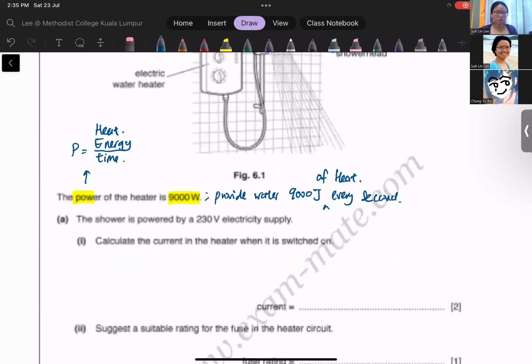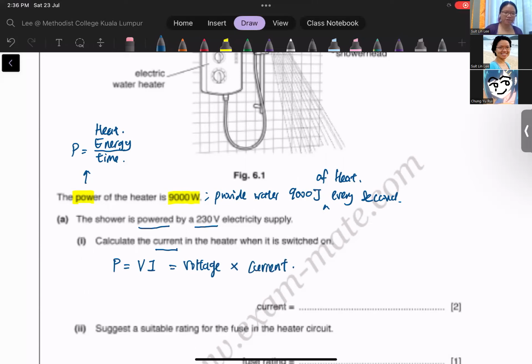Okay, so part A, A1 is sort of like using equations from your younger years, if you remember. But if you don't, we will cover them again in year 11. It says here that the shower is powered by a 230 volt electric supply. So the switch that you turn on to start your water heater provides this much energy. Okay, calculate the current. All right, so power is energy over time, but power is also equal to VI, or in other words, voltage multiplied by current.